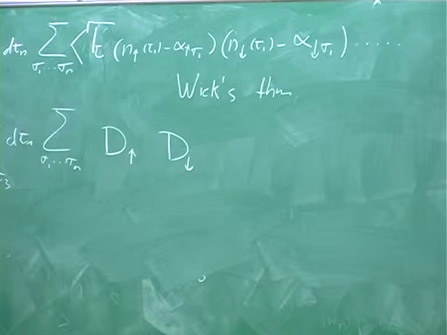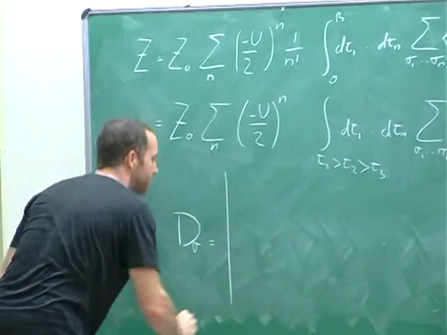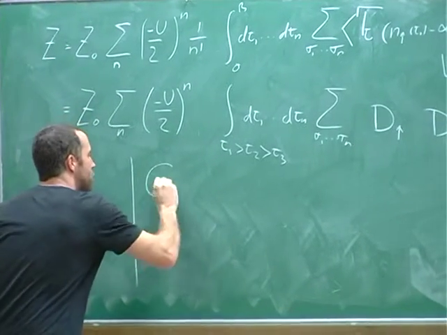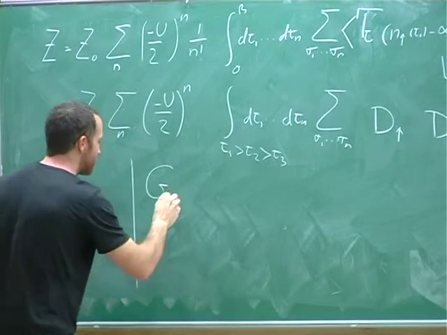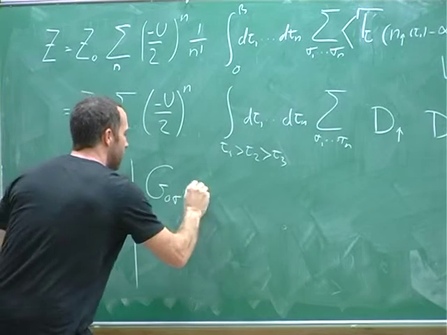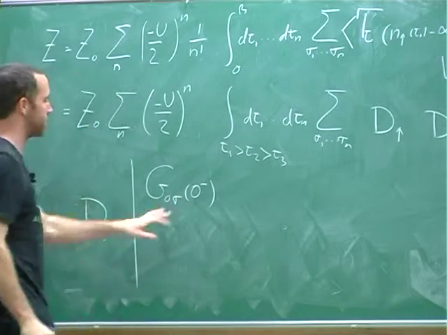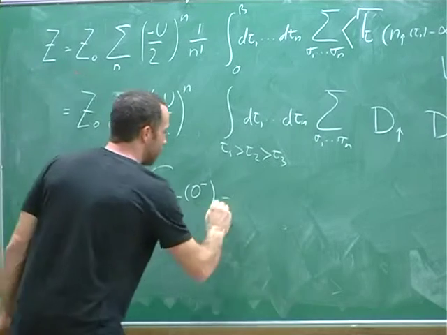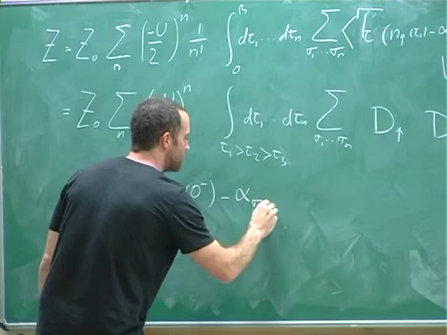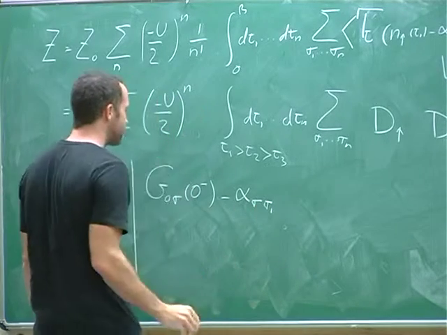And the definition of D sigma is the determinant of a matrix which has on the diagonal terms G0 sigma at imaginary time 0 minus 0, minus alpha sigma 1.